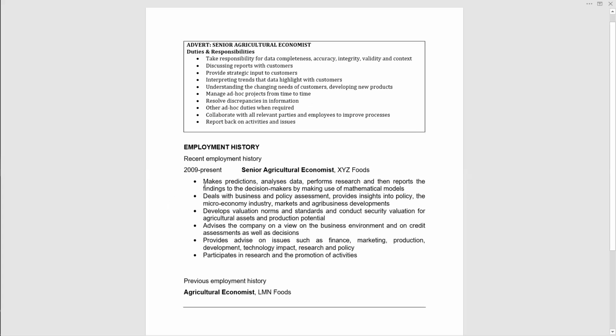Another point is that when drafting your employment history, you must make use of action verbs. Action verbs are important because they give the employer an impression that you are motivated and positive, and that you know how to carry yourself in the business context.